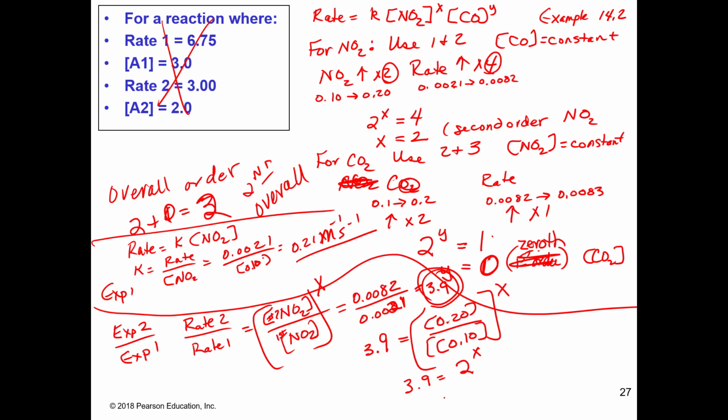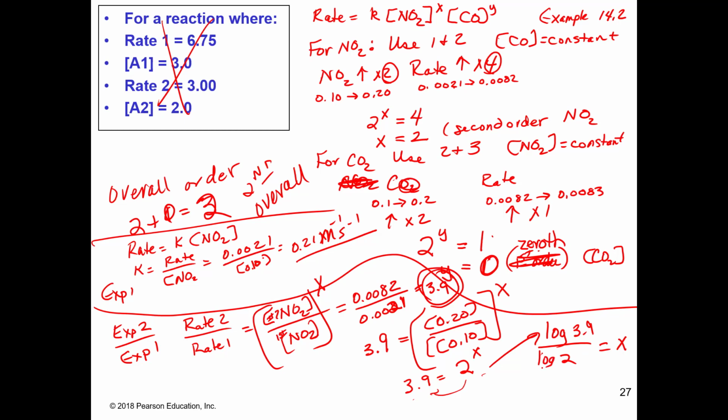So then I take the log. I'm going to take the log of 3.9 divided by the log of 2, and that'll get the exponent part off the x, make it into just a regular x.